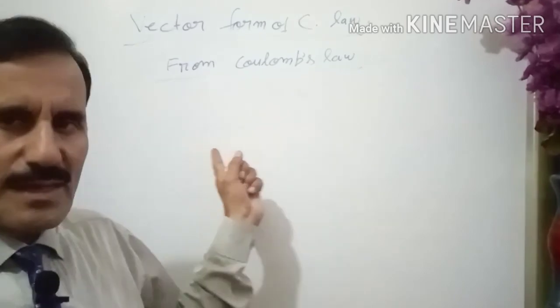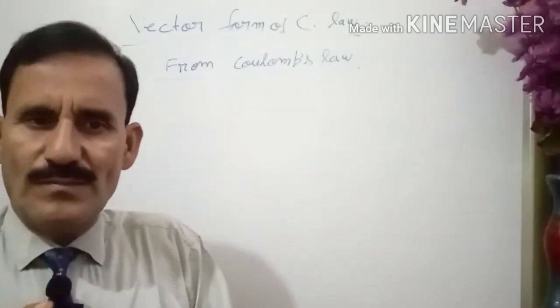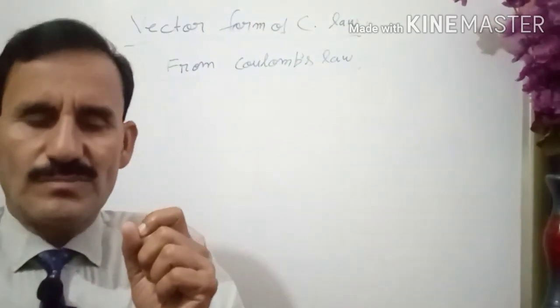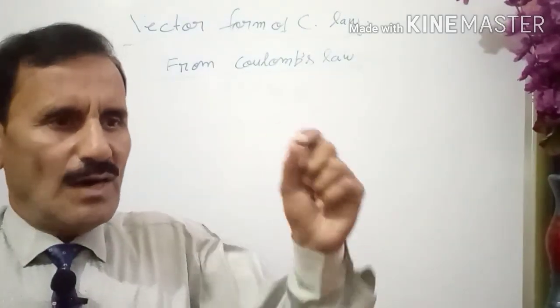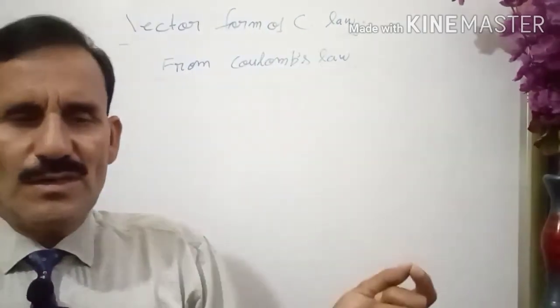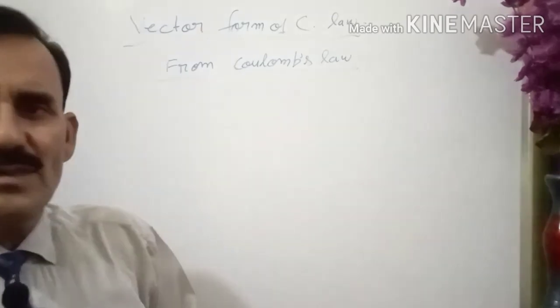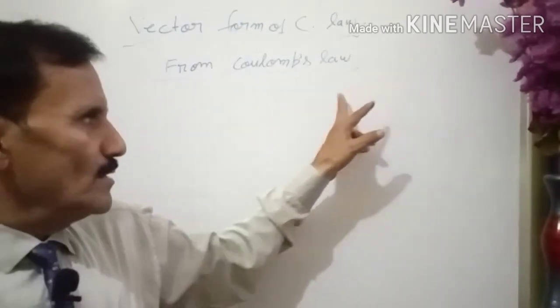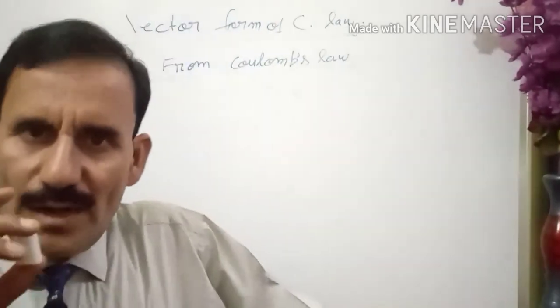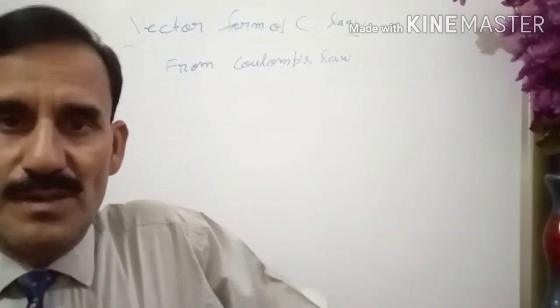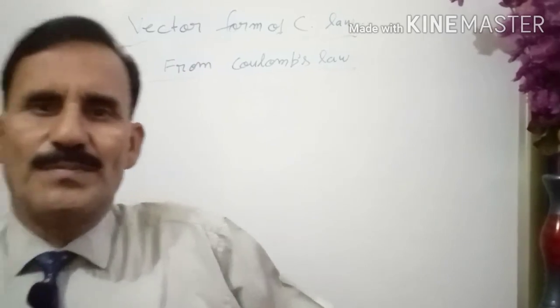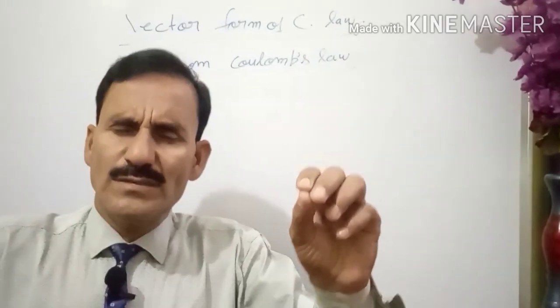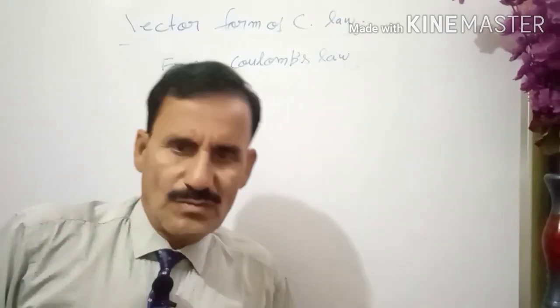The direction can be obtained by the vector form, and the nature, either force of attraction or force of repulsion, can be obtained by like or unlike. If Q1 and Q2 both are of the same sign, then there is repulsion, and if they are of different sign, then there is attraction. Okay, thanks.